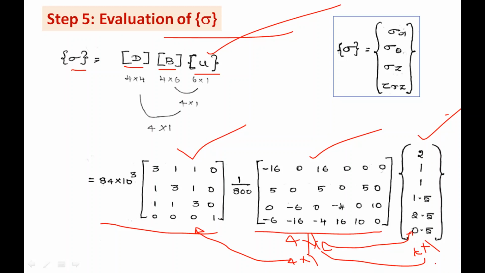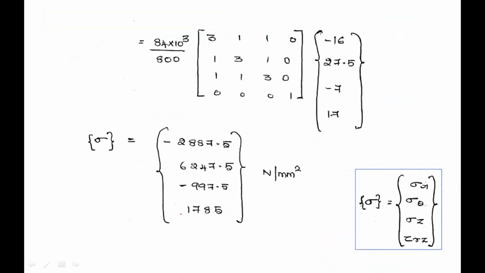Type 1 problem is more easy in plane stress, plane strain as well as the axisymmetry condition. Now we multiply these two matrices first, then the resultant matrix is going to be multiplied with the D matrix. You will see this is the product of this B matrix and the U matrix. Then this 4 by 1 matrix will be multiplied with this 4 by 4 matrix. Finally, we will get this 4 by 1 matrix as the resultant matrix.